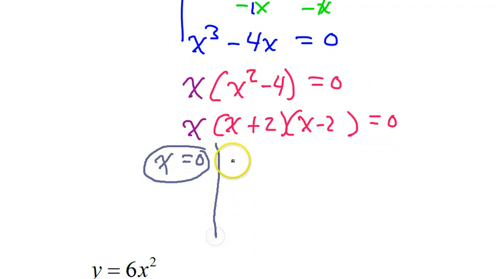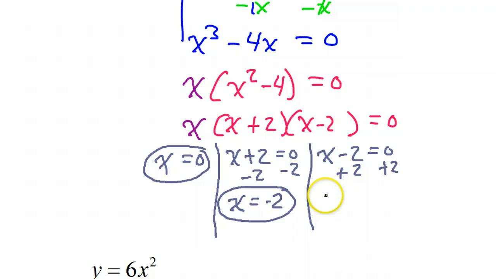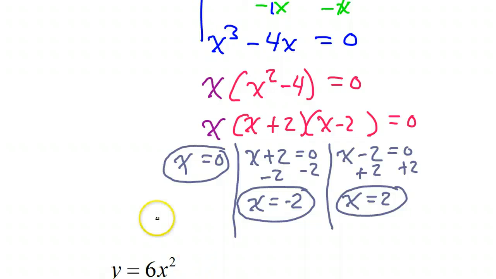Then x plus 2 equals 0, and subtracting 2 from both sides gives you x equals negative 2. Then x minus 2 equals 0, and adding 2 to both sides gives me x equals 2. So these are our 3 x values. Now we just need the y values that go with them.